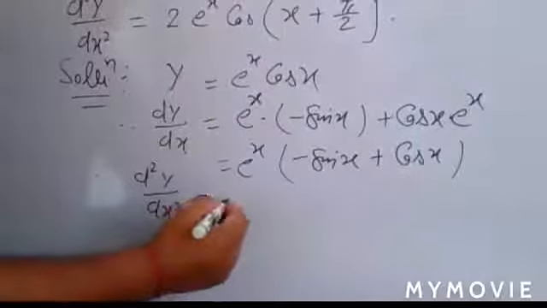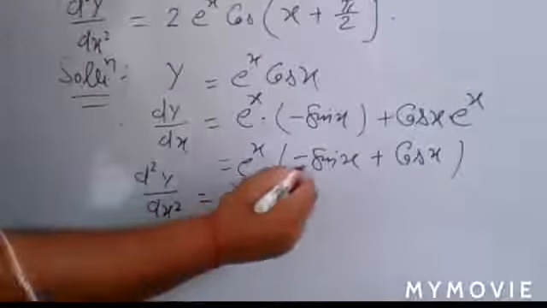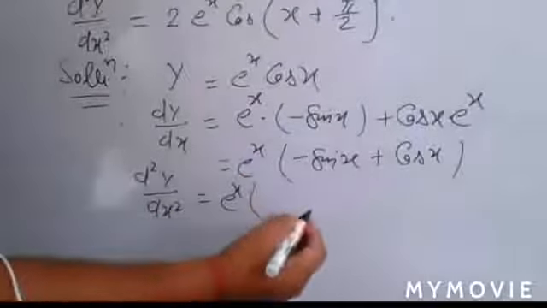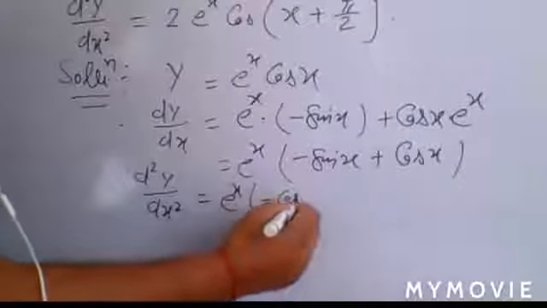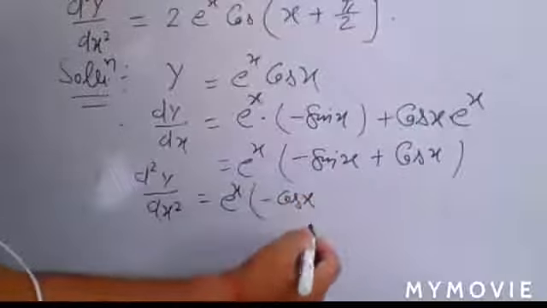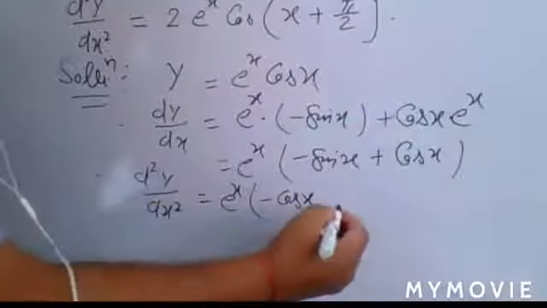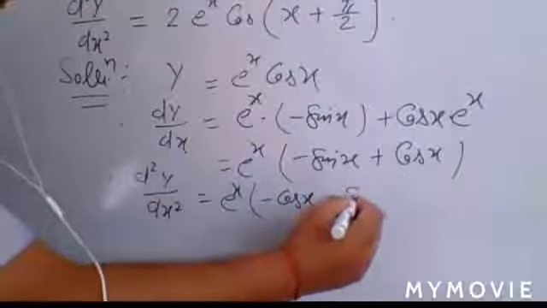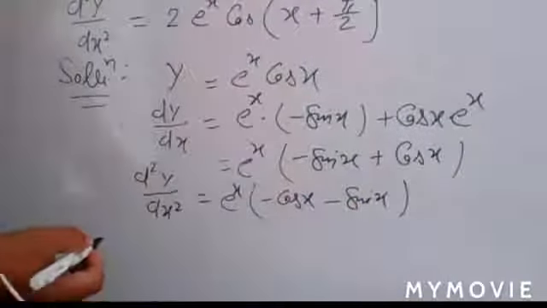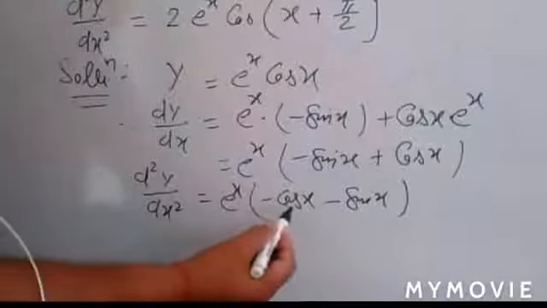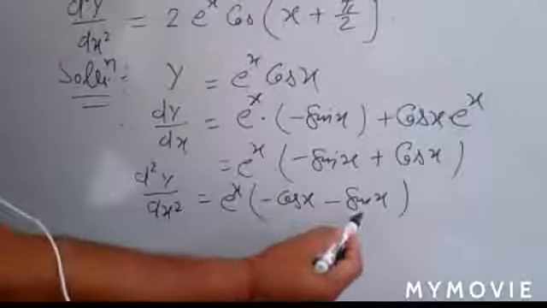So first function e to the power x, and differentiation of second. The differentiation of minus sin x is minus cos x, and the differentiation of cos x is minus of sin x. Understand? So here you have minus of cos x, minus of sin x.